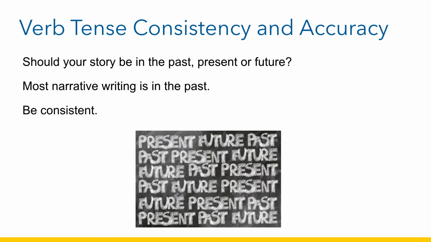Don't go from past to present to future unless you're talking about the past, present, and future. And be accurate with your verbs. So check all of your verbs and make sure that the ones that are talking about past actions are in the past. The ones that are about right now are in the present progressive or the present simple, etc.